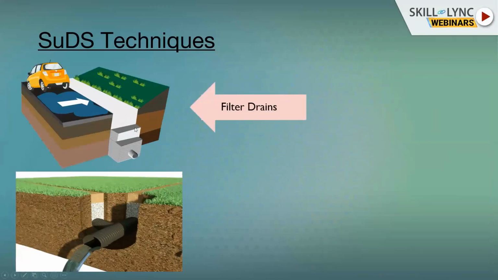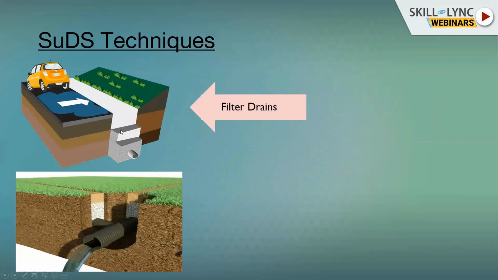This is nothing but a trench which is constructed on the side of the road. Whatever water falls on the road, due to the cross fall of the road, goes into these ditches. These are gravel layers basically, and the water goes there and gets stored.